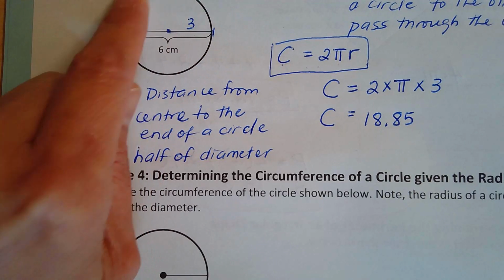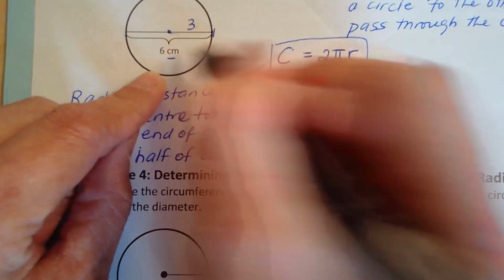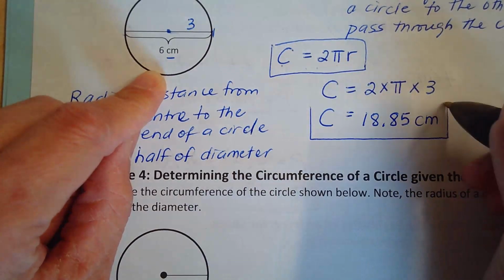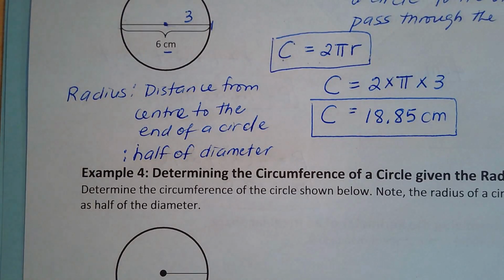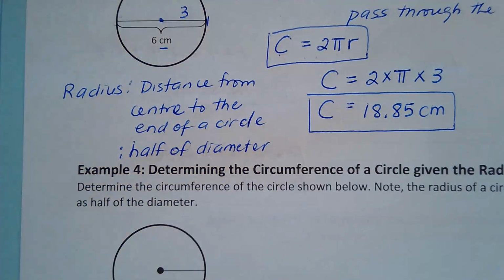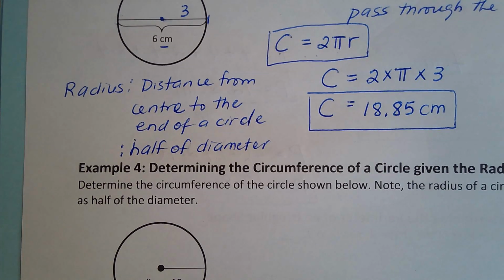What's the unit? The unit is centimeters, cm. So this one would be showing your work, showing your calculation, and then finding the final answer. We can get the same answer just multiplying 6 times pi. Yes, that's right.